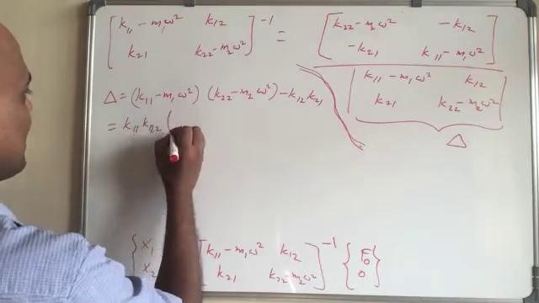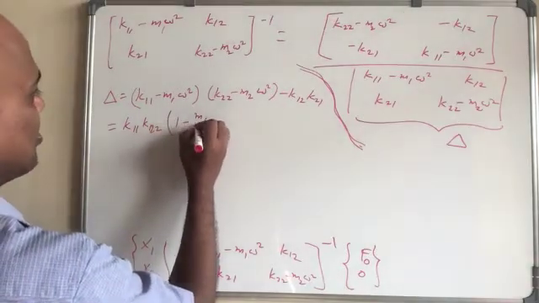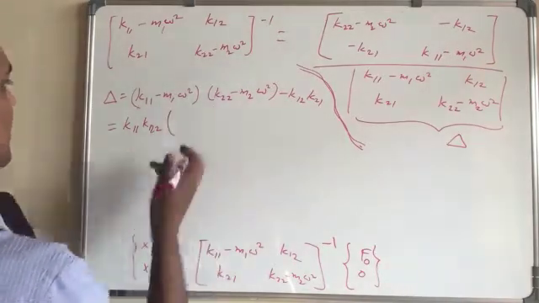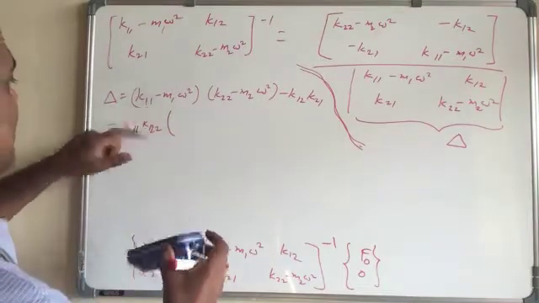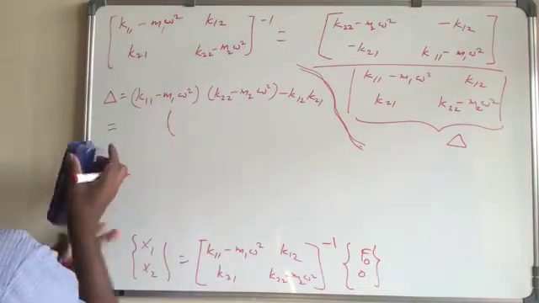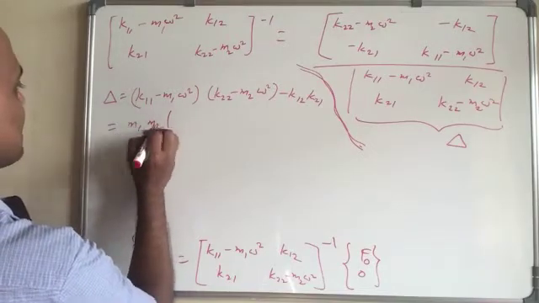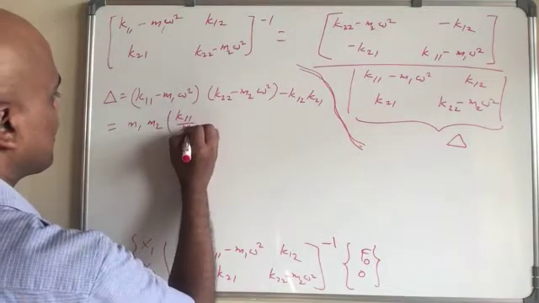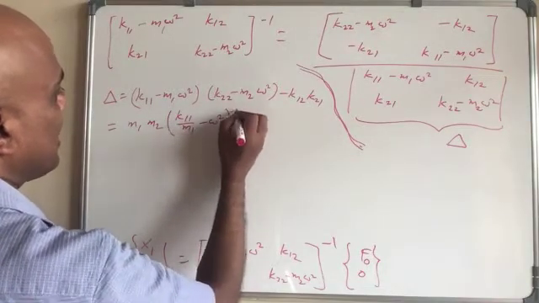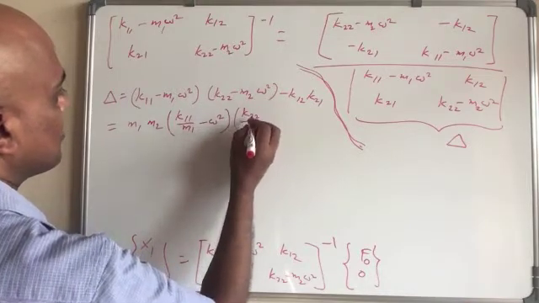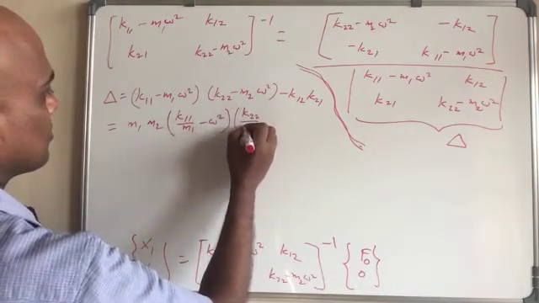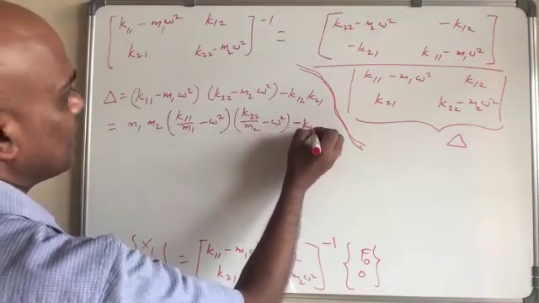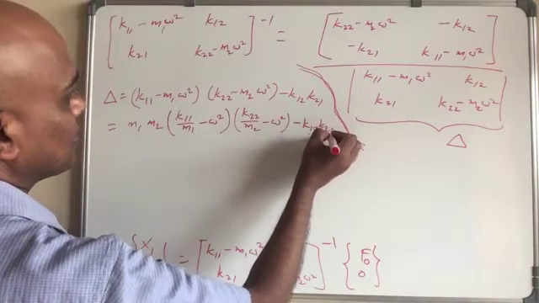So we have 1 minus, and we take out m1 times m2 in common. Dividing by m1 here, we get k11 over m1 minus omega square, and similarly here k22 over m2 minus omega square, minus k12 k21.